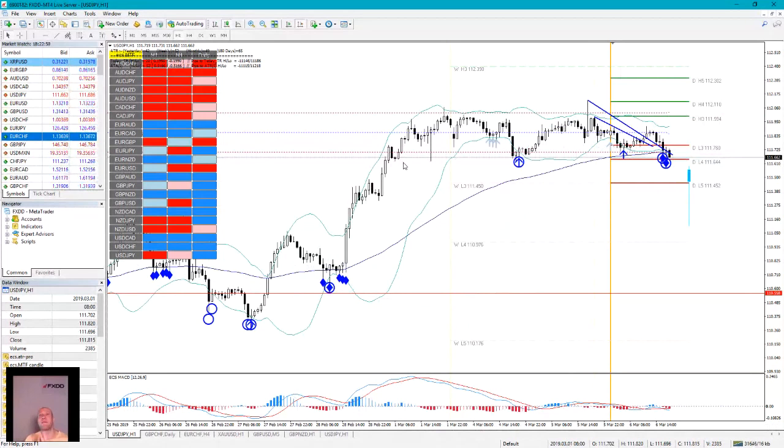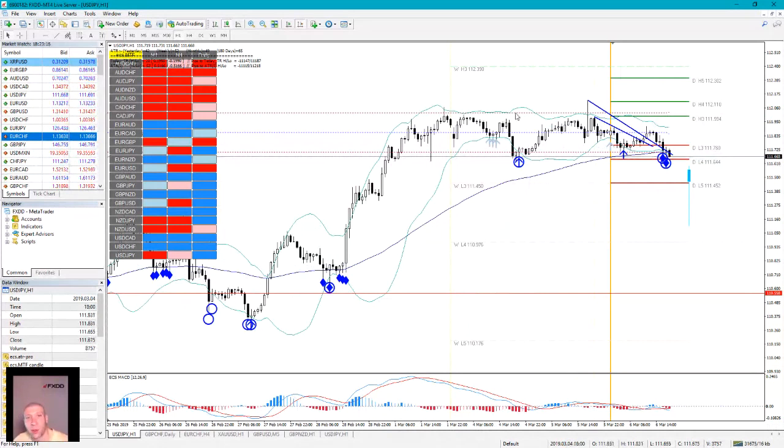You cannot simply blindly follow those entries, because the system will always give you entries based on calculations that I mentioned in the beginning of the webinar. But you need to see where those entries are in relation to pivot points.